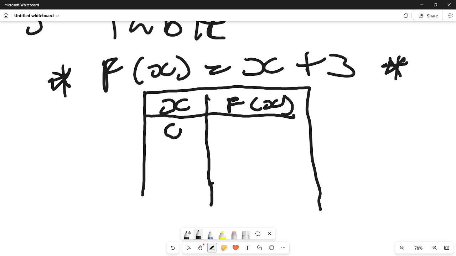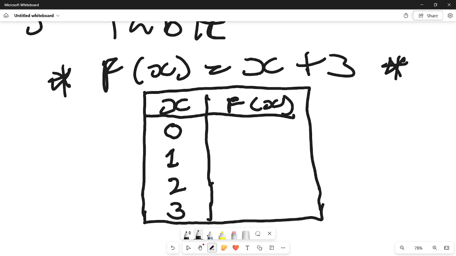So for example, let's try other numbers. Let's put 0, 1, 2, and let's also add another one, 3. We could have chosen any other inputs, but in this case, I've chosen 0, 1, 2, 3 as our inputs.